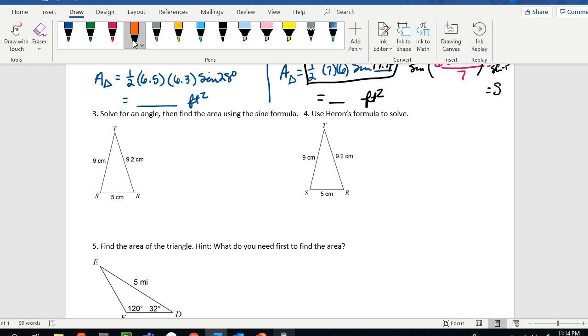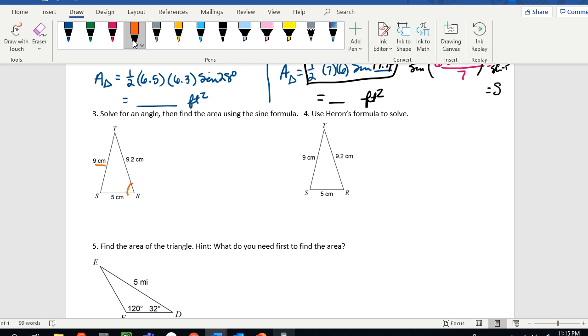Solve for an angle using the sine formula and then using Heron's formula. So that means I need to find one of these sides. If I go to my largest side, I would have S. If I went to the second largest side, I would have R. These are really close. And just because R doesn't look like a 5, I'm going to do R. So I'm going to use law of sines. So I'm going to say angle R is, oh, I can't use law of sines.